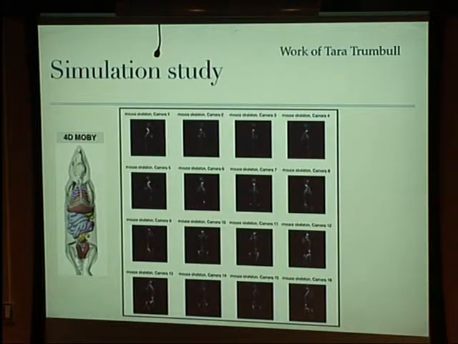This was done in a very simplistic way by a master's student a few years back, Tara Trumbull. This was done in simulation. I'm going to show you the realization of some of these systems in just a minute. She used a very complicated object model of a mouse. You can change all the organs, move them around, make the mouse bigger and smaller.